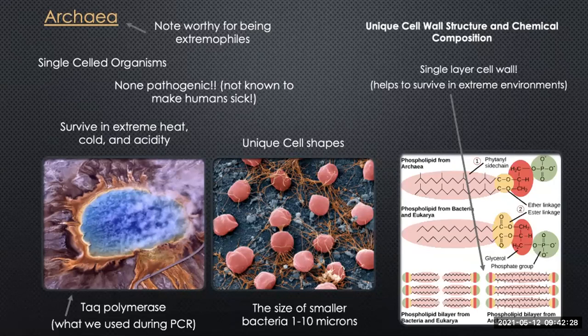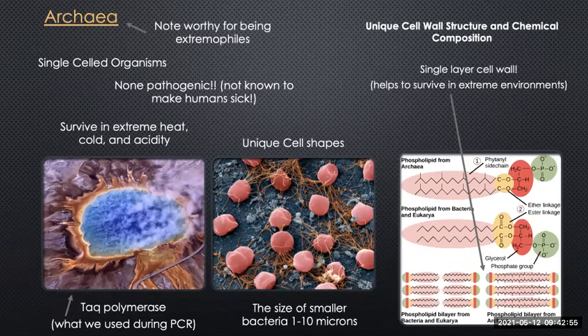We have these lipids, these fats that come together, they form this bilayer, and they protect us, right? In archaea, their phospholipid layer is actually a lot more rigid. And so instead of having this bilayer, they actually have a connection between these layers, which may seem like a small difference, but it actually stabilizes a lot.